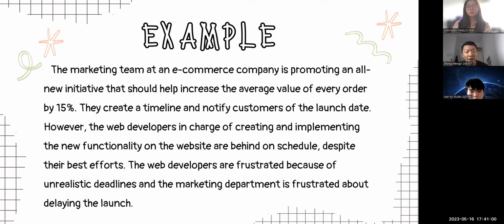Despite their best effort, the web developers are frustrated because of the unrealistic deadlines, and the marketing department is also frustrated about the delayed launch. This represents a conflict between different departments, which will affect the progress of the original goal.